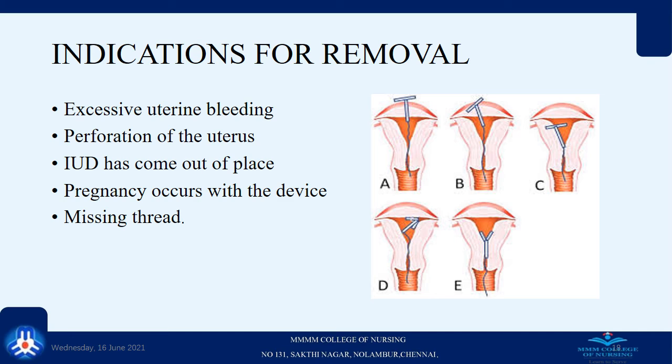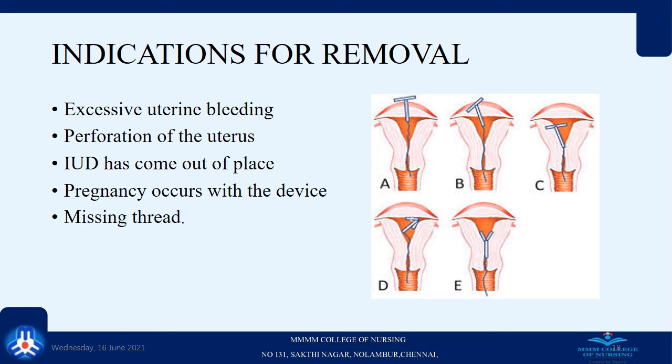Then if the intrauterine device has come out of place. How can we identify this? We advise the mother to check for the threads. We leave 3 cm of thread inside, so the mother can feel that thread daily. If she cannot feel that thread, then the intrauterine device may have gone out of place.